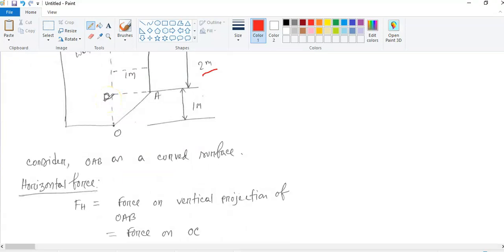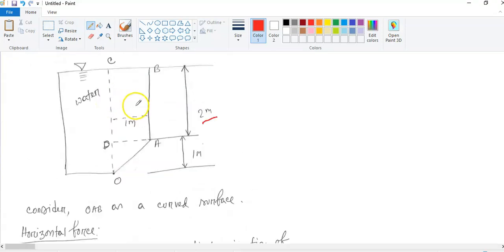So now if you look here, this whole OAB is not a straight, flat surface. You can see the change of directions from here. So consider this a curved surface, and this is the water.